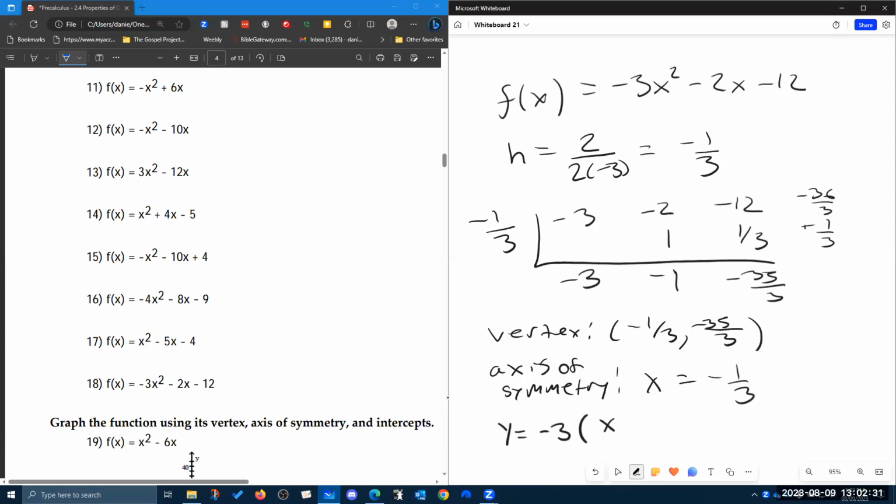This is going to be x minus h, plus k. And that should have been the answer that we got from completing the square.